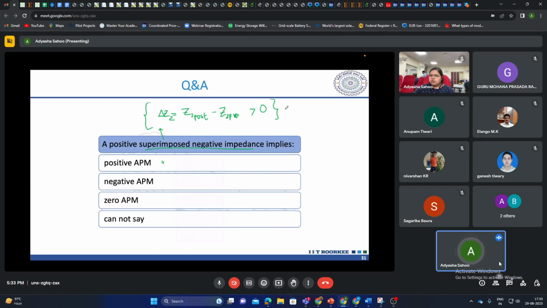Can anyone help me, how you came to this, that it will be positive active power mismatch? Because the difference is greater than 0, so greater than 0 implies positive. That's why I predict it's a positive active power mismatch. Okay. Anyone else?